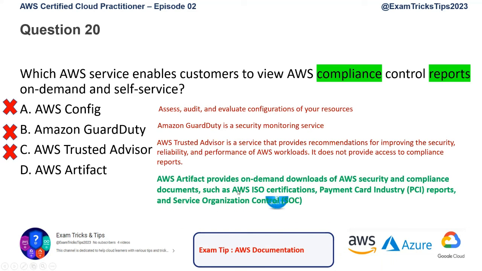In fact, AWS Artifact, the definition itself will tell you that it's a kind of repository for you to refer to the compliance reports, and that's what the question is looking for. So the correct answer is answer D, AWS Artifact, and if you go through the documentation of each service in the AWS world, you would easily come to the correct answer.